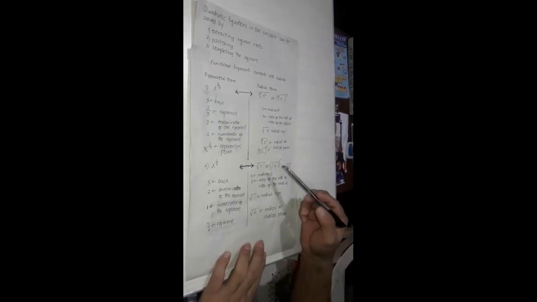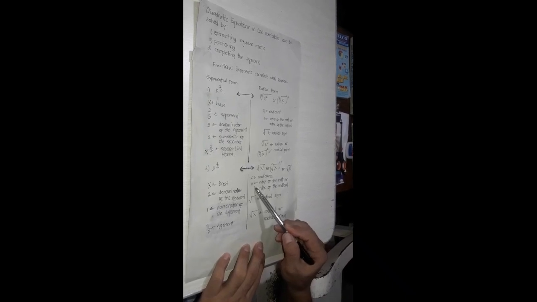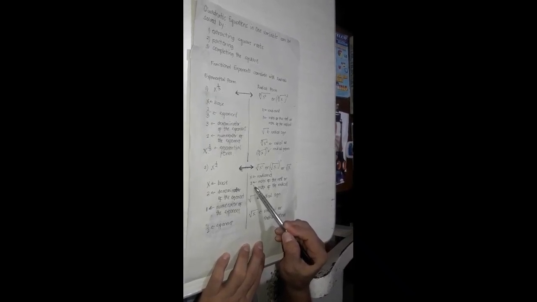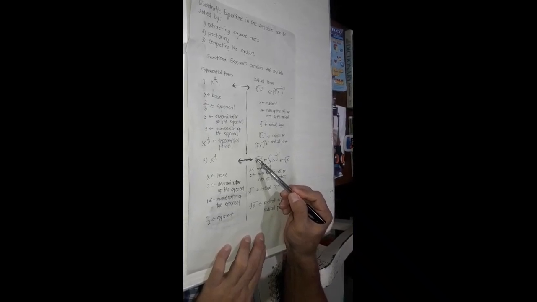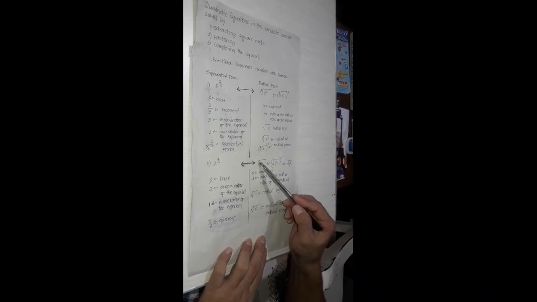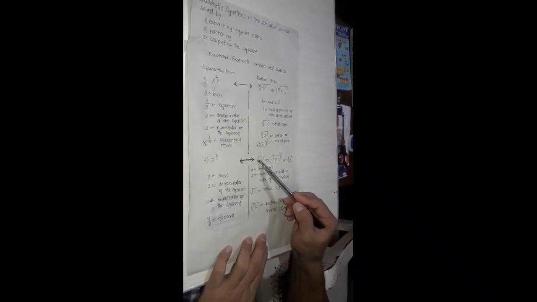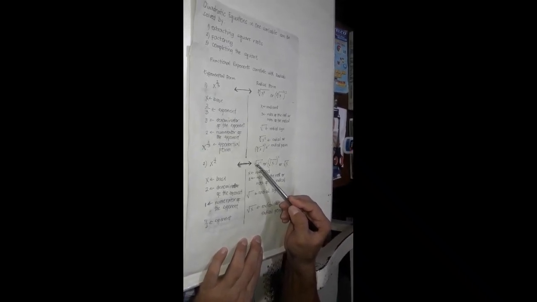Here, x is the radicand and x is the base of the exponent. Then 2 is the index of the root, and the index of the root is written in the crook of the radical sign. Since the index of the root is 2, it is not needed to write 2 because it is understood.